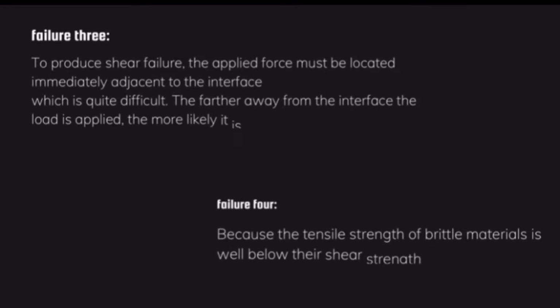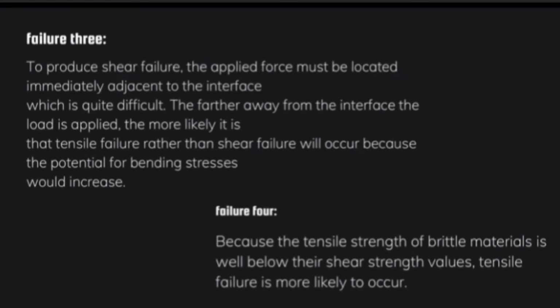Third, to produce shear failure, the applied force must be located immediately adjacent to the interface, which is quite difficult. The farther away from the interface the load is applied, the more likely it is that tensile failure rather than shear failure will occur because the potential for bending stresses would increase. Lastly, because the tensile strength of brittle materials is well below their shear strength values, tensile failure is more likely to occur.